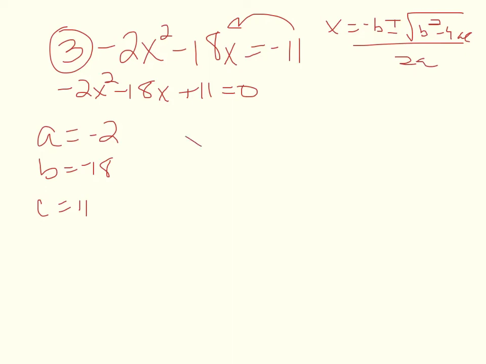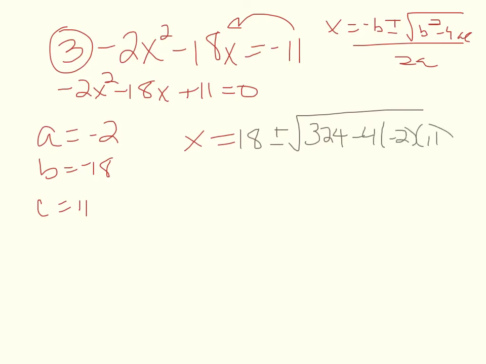So we have x equals -b, so the opposite of -18 is positive 18, plus or minus the square root of b squared, which is 324. Remember, that's always positive. Minus 4 times a times c, all over 2a, which is 2 times -2, which is -4.